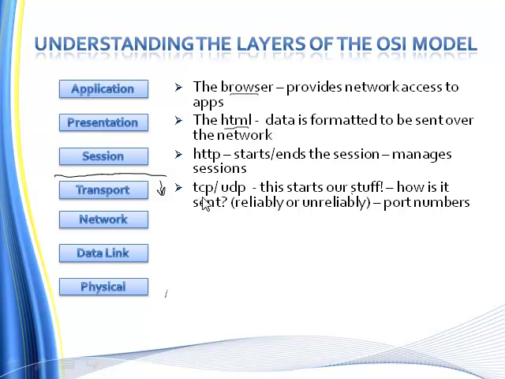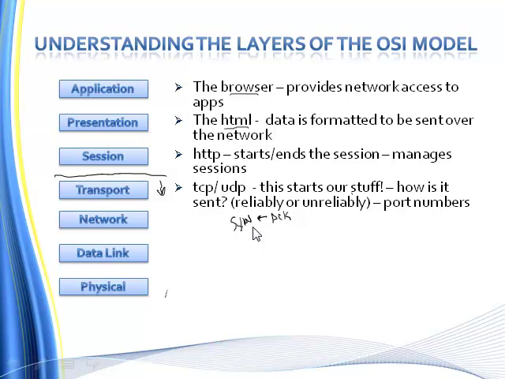TCP, on the other hand, is very concerned about whether this message gets to the other side. So before I even start, I'm going to open up with what they call a SYN, essentially a synchronize packet, and then we wait to get an ACK, or acknowledgement, back from the other side.